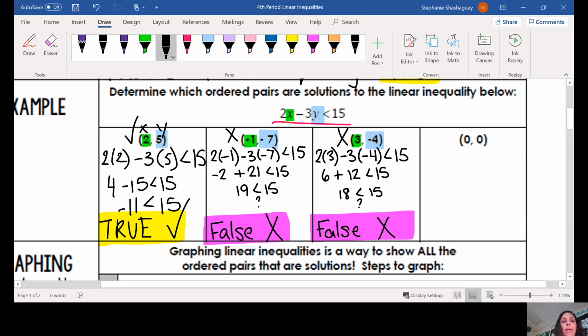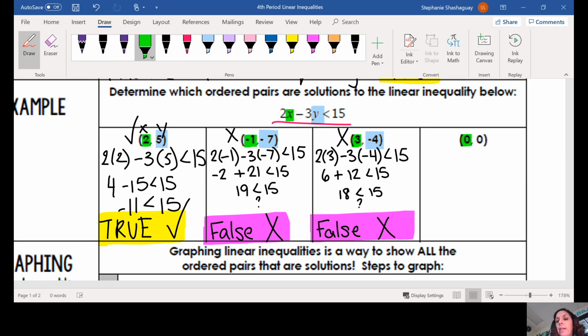Finally, we have the ordered pair 0, 0. So that's our origin. Is this ordered pair 0, 0 a solution to this inequality? So I'm going to plug in those zeros. So I'm going to have 2 multiplied by 0 minus 3 multiplied by 0.